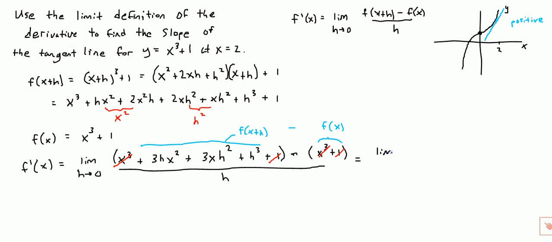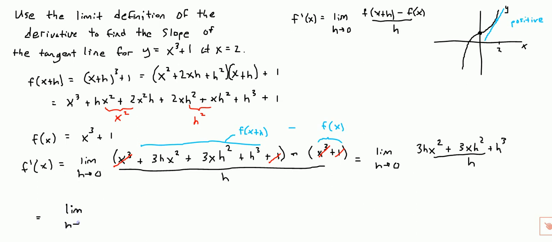So this is the limit as h approaches 0. I'm left over with 3hx squared plus 3xh squared plus h cubed all over h. Okay, and if you look at the top, each term has an h, so I can factor out an h.